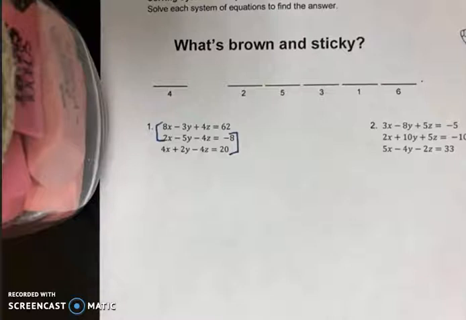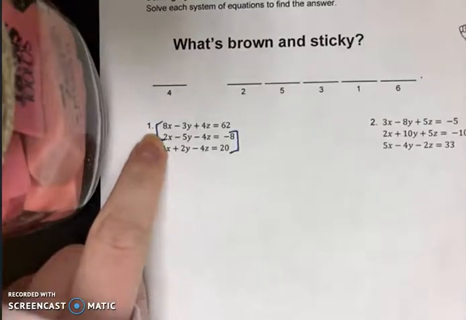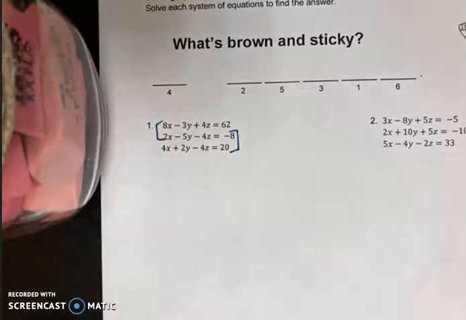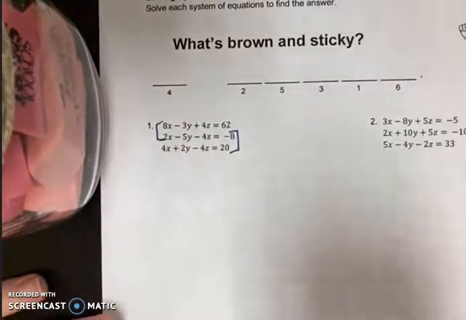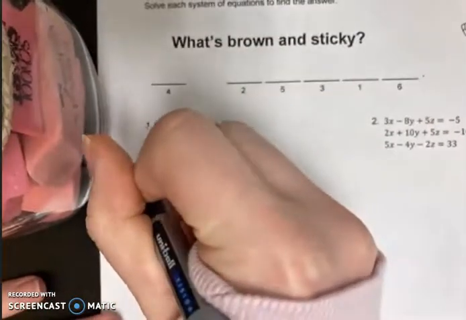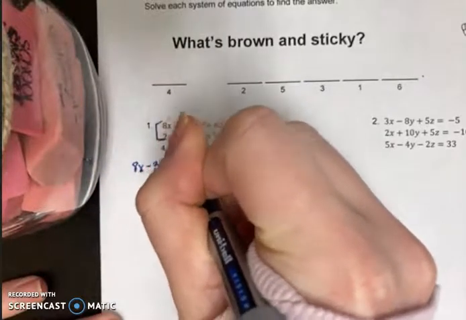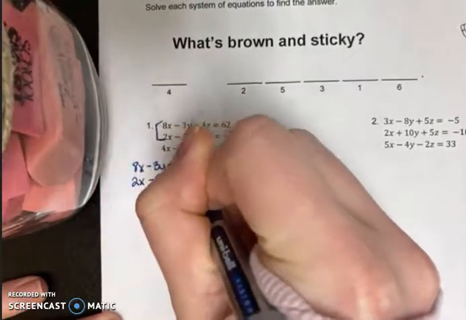Now we want to cancel out the same variable each time. So if I cancel out x in the first system, then I need to cancel out an x in the second. Or if I do a z, I need to cancel out a z. I'm going to write my two systems so it's easier to tell which one I want to cancel out. 8x minus 3y plus 4z equals 62 with 2x minus 5y minus 4z equals negative 8.